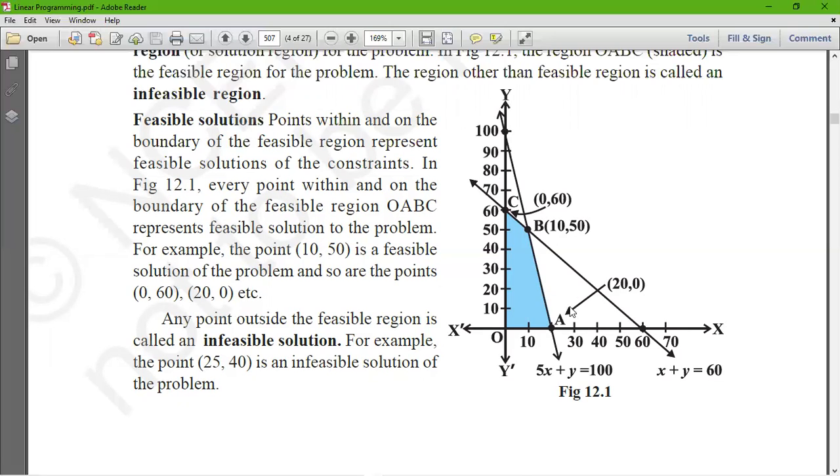Second one, 5x plus y greater than or equal to 100. First we put the value of the origin, 0, 0. 0 into 5 plus 0 equals 0, which is not greater than or equal to 100. Not possible.